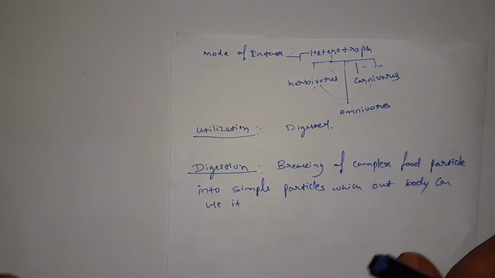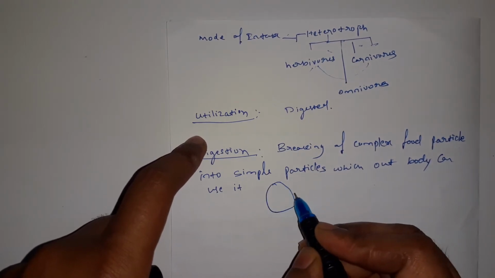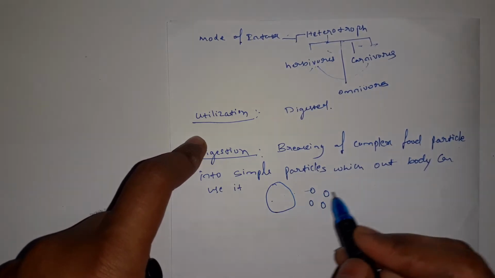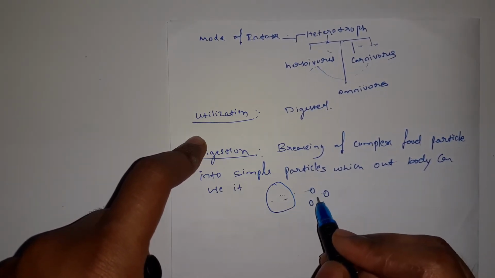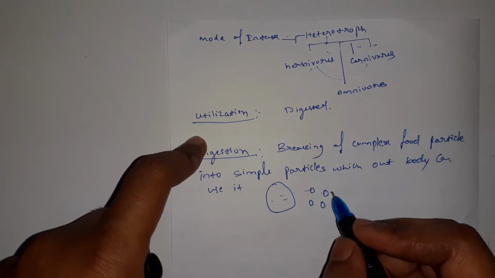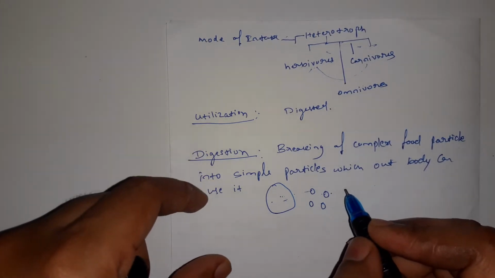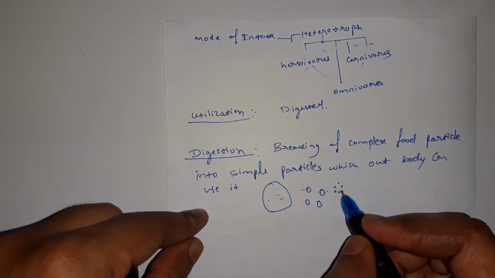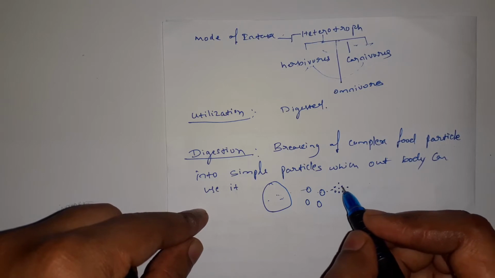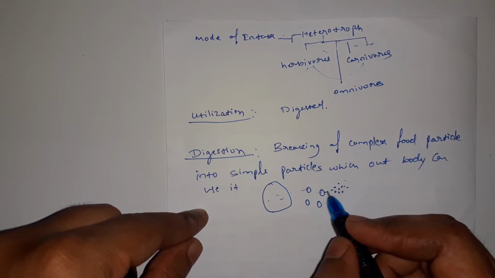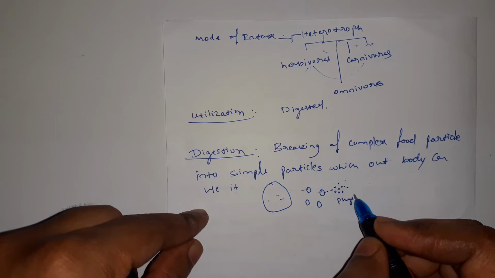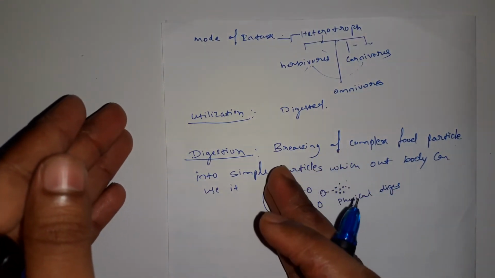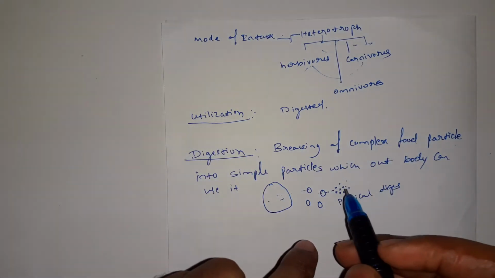You are breaking the large chapati into small pieces. Here also we are just breaking the food, it is a physical breaking. And once you start chewing in your mouth, what happens? This small piece is again made into smaller pieces with the help of your teeth. So what is happening here? It is known as physical digestion. Physical breaking of a food particle into smaller particles is physical digestion.